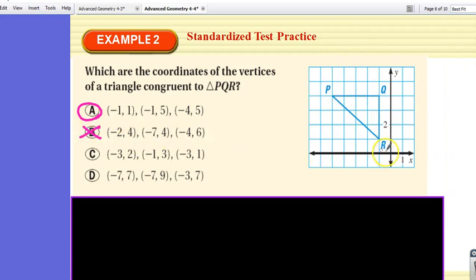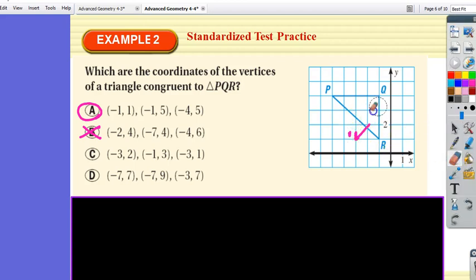If I did the next one, is this going to be a 3, 4, 5? It has a 1, so definitely not, right?